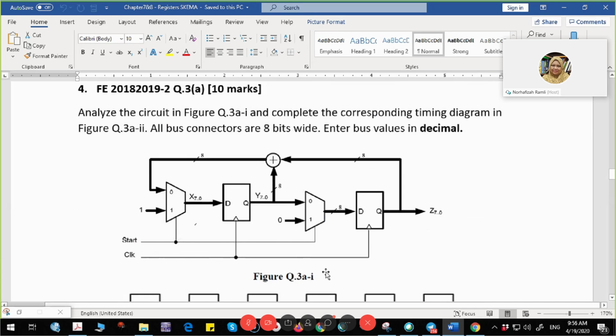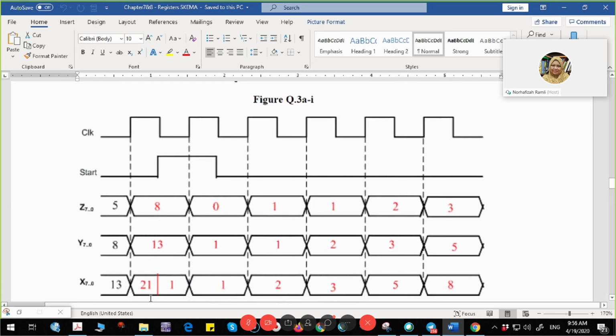The start goes here. This will insert 0. Somehow, not sure, partially it does 8 plus 13 and another one you got 1. So please explore, and if you have a problem, discuss in your group. Otherwise, if you still have a problem, discuss with me.